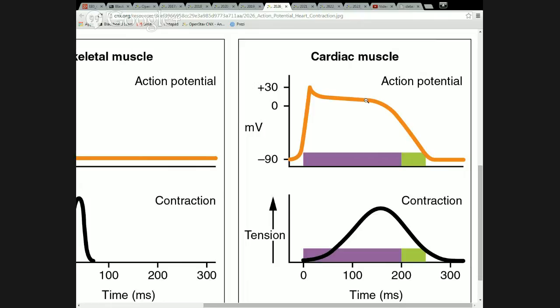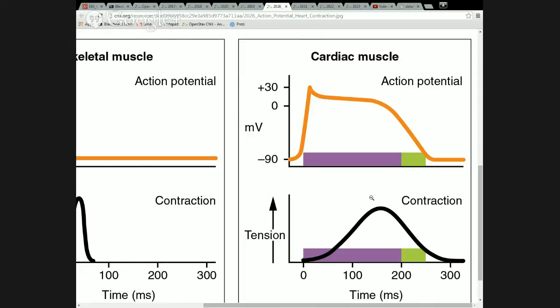And that's actually due to calcium, which we'll see in a second. But by causing this rapid depolarization that's maintained for a while before it falls off, that leads to a contraction curve that's much broader. There's about a 300 millisecond time span for the contraction here in the cardiac muscle cell.